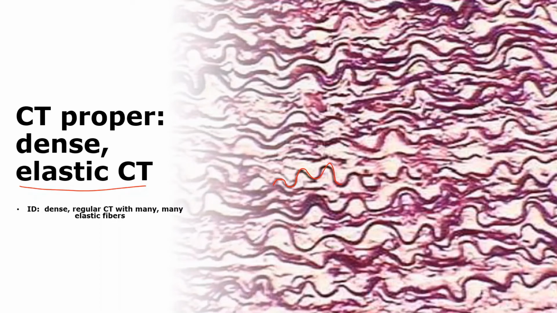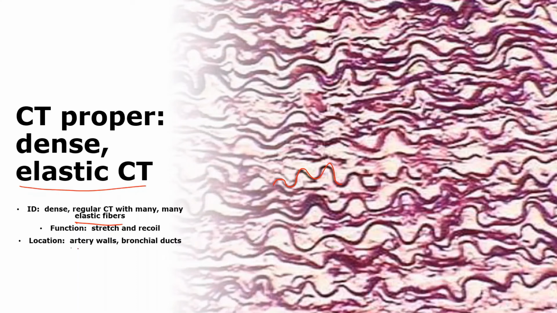Instead of having lots and lots of collagen fibers, which it does, they're usually obscured by the immense amount of elastic fibers that are on top of them. So you see these wiggly, snake-like things that look to me like an elastic waistband. Stretch and recoil would be the idea here. If we're going to have anything that's elastic with elastic fibers, it has something to do with the ability to stretch out and recoil back.